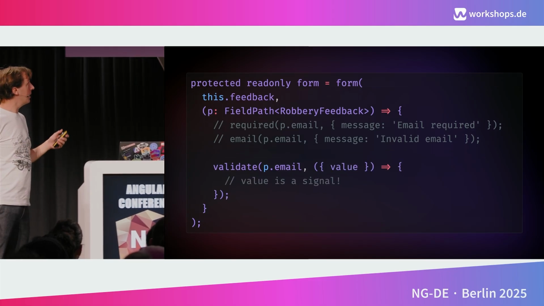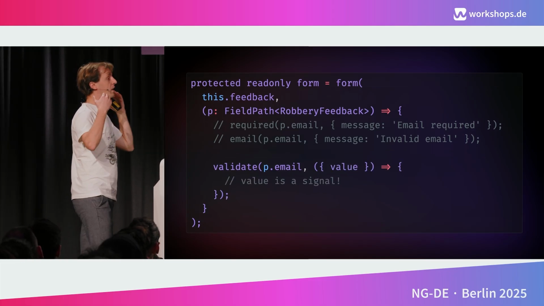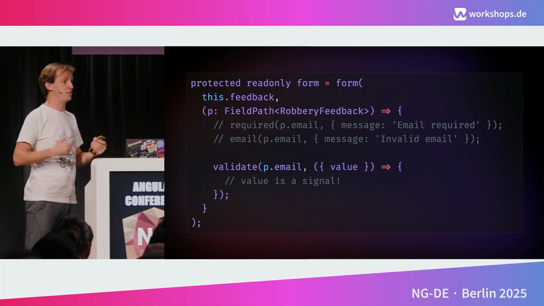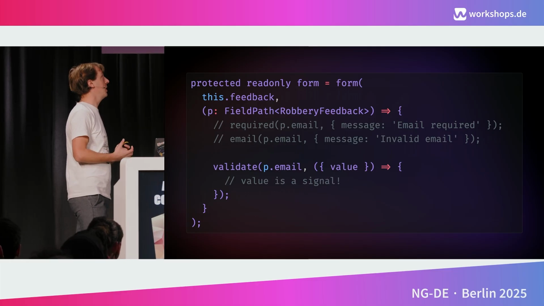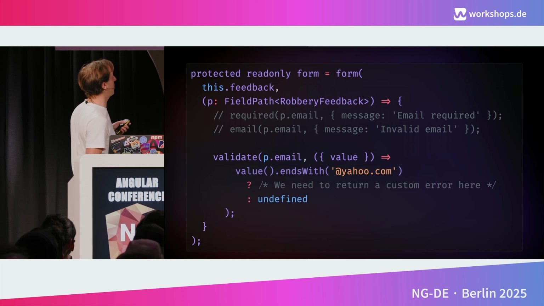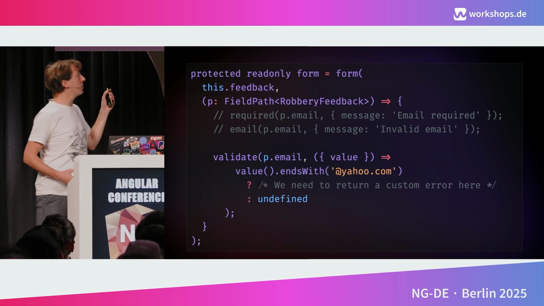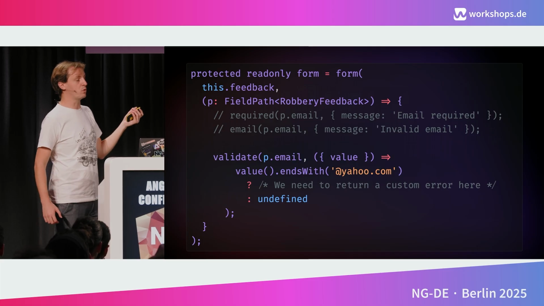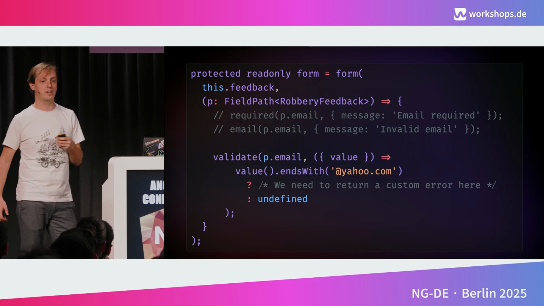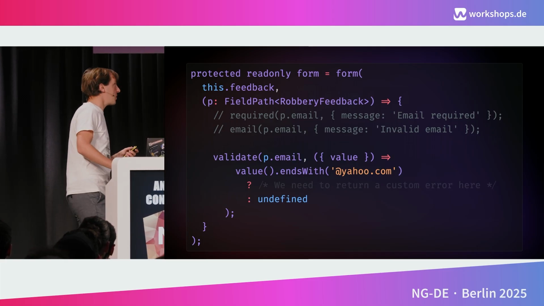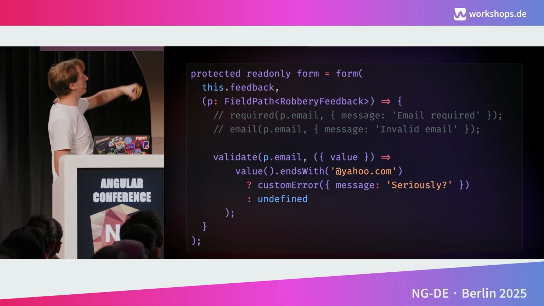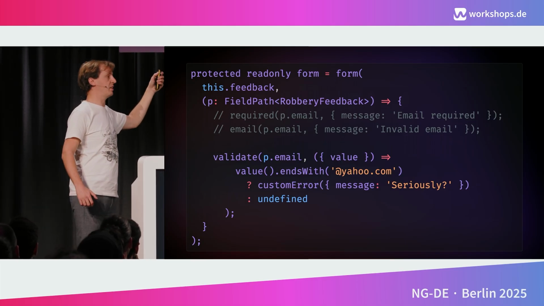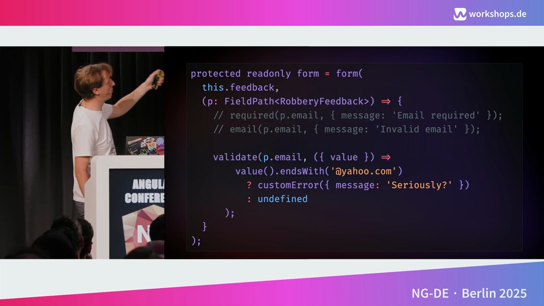And here, you just say, OK, we want to access the value. So this is a callback that will be called every time validation runs on your form. You are checking the value and say, OK, if the value ends with yahoo.com, you want to have an error. And if you don't want an error, you just return undefined like in existing validators. And of course, you want to add that custom error message. Custom error message has a dedicated function where you also pass the message.